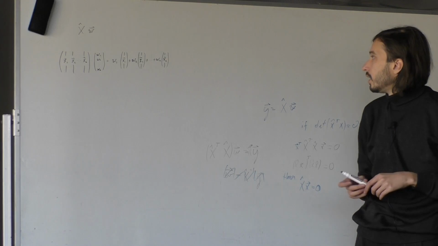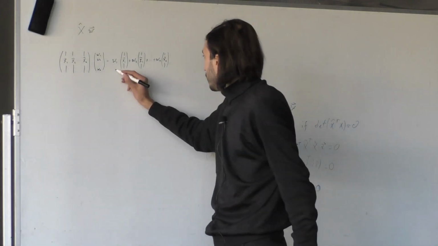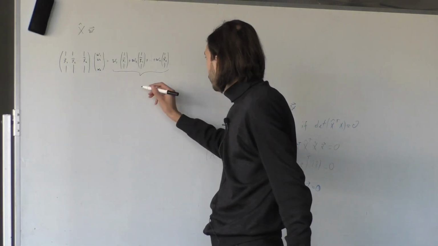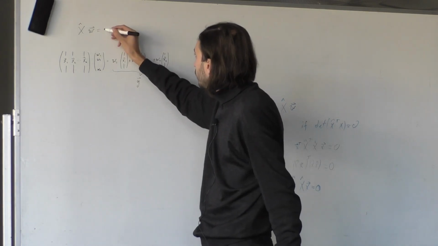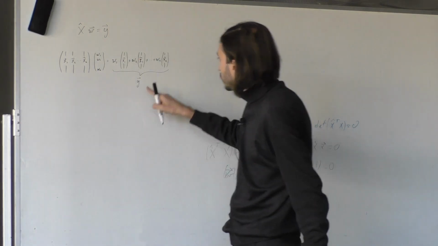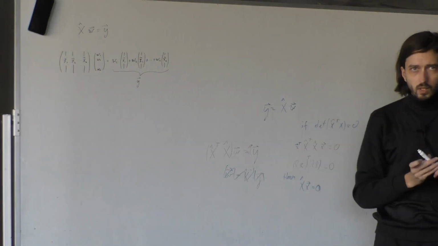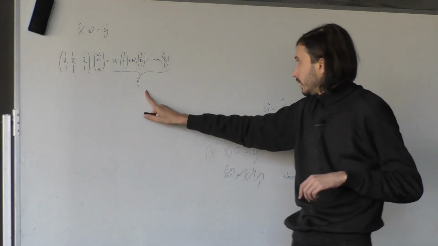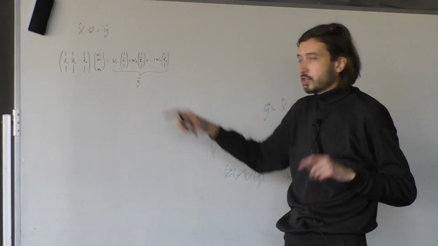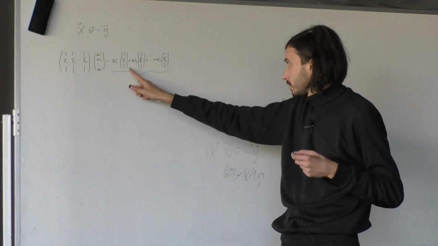Now, what can you say about this vector? Let's call it y. This vector is basically a linear combination of the column vectors.